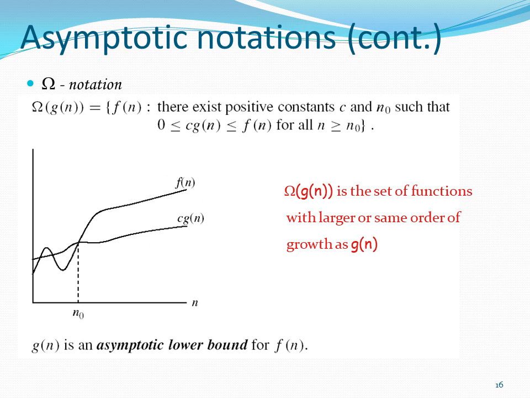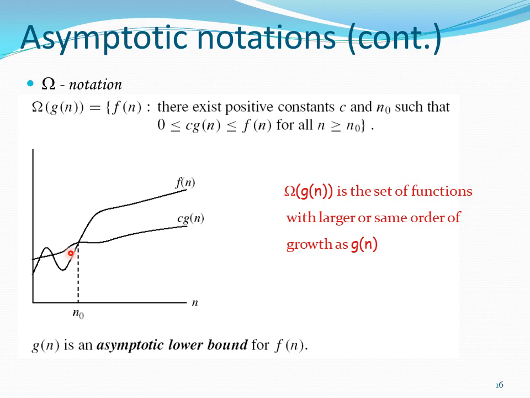Then big omega notation. Here f of n and g of n are the two functions. If there exists a positive constant c and a non-negative integer n0 such that 0 less than or equal to c g of n less than or equal to f of n for all n greater than or equal to n0.